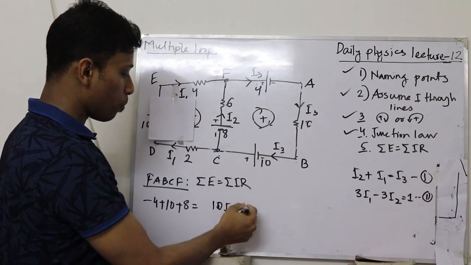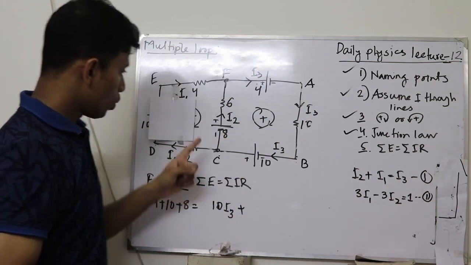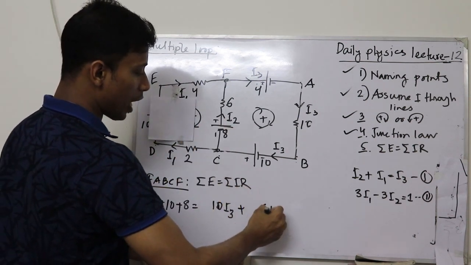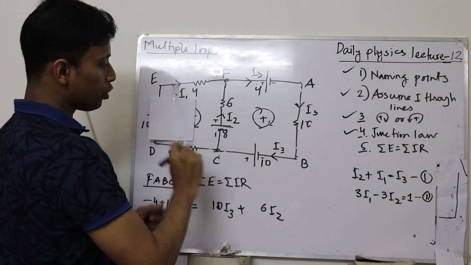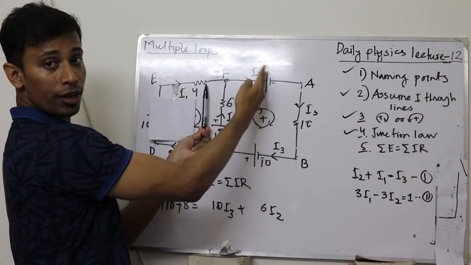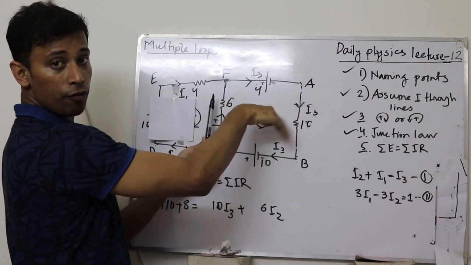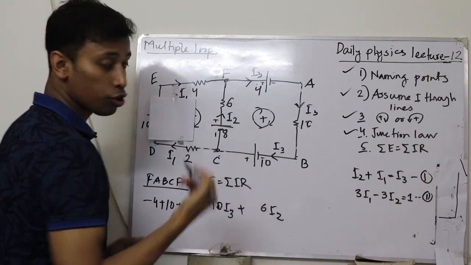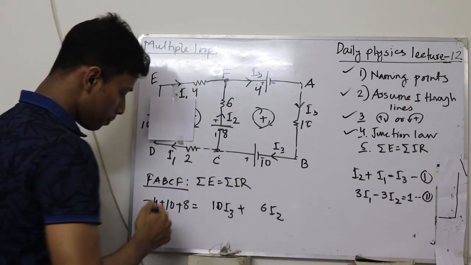So 10I3 is a positive current. We have another 6, and the current flowing through 6 is 6I2. The direction is toward this. Going through the default clockwise direction, the current through 6I2 is acting along the clockwise, so it's also positive. So let's simplify.